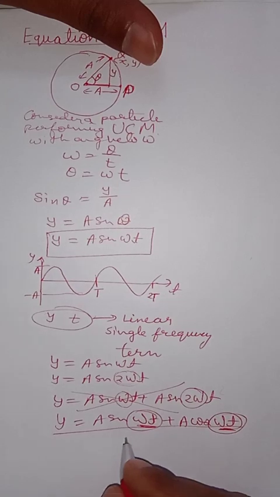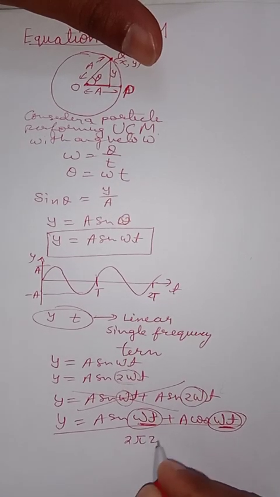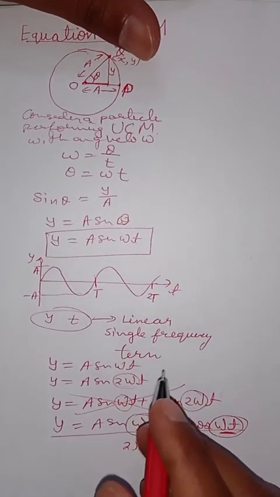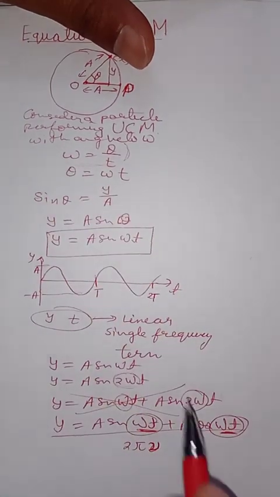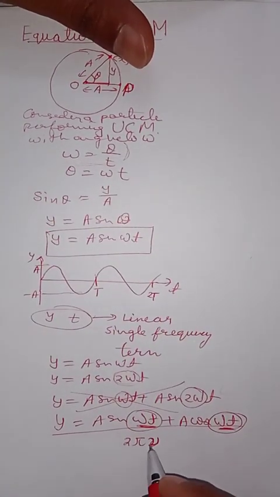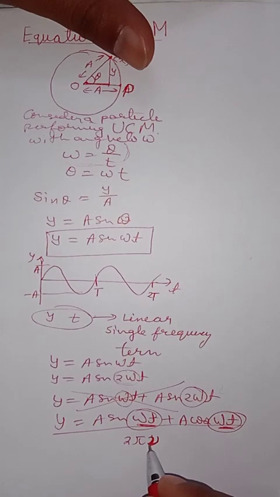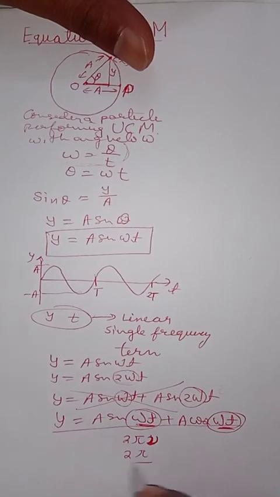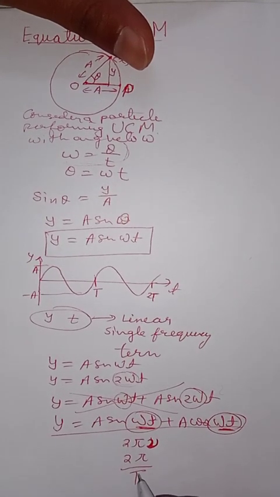If we expand this, we will find 2 pi nu. One more thing, omega is theta by t, as well as 2 pi nu, nu is frequency, or 2 pi by capital T, T is time period.